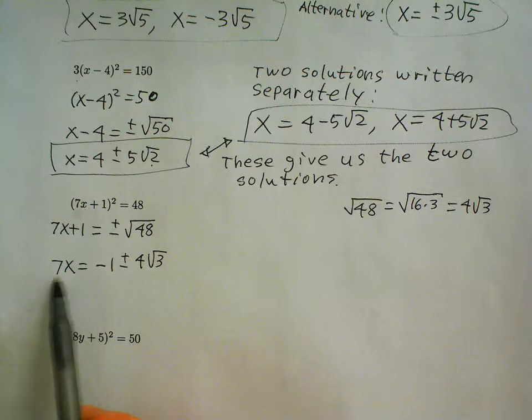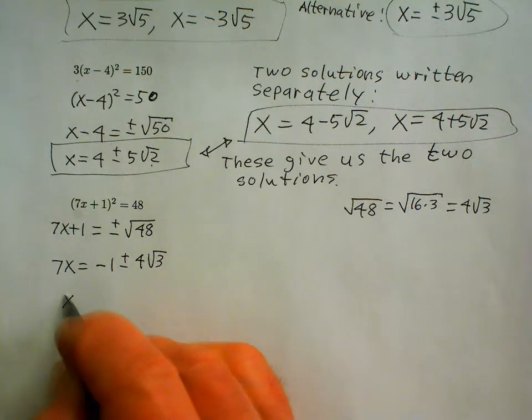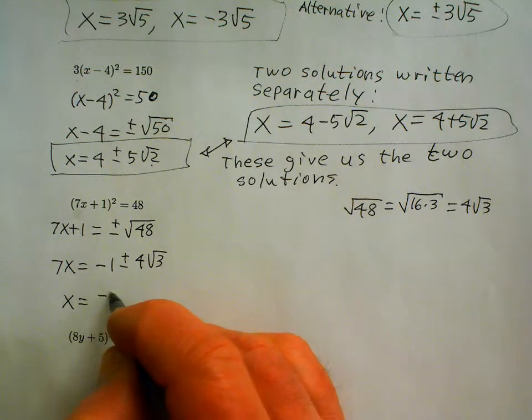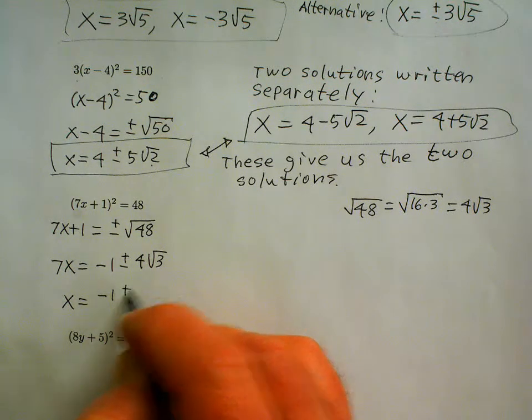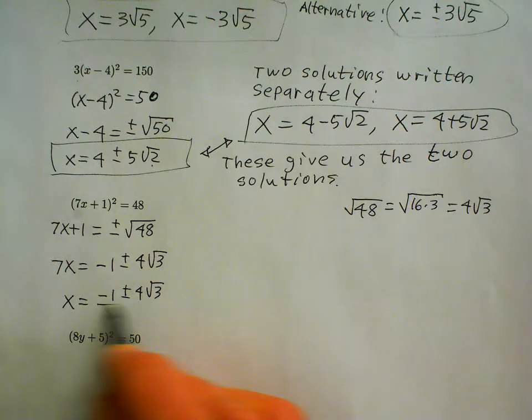And then in the last step, divide every term on both sides by 7. So we get x equals negative 1 plus and minus 4 times the square root of 3, all divided by 7.